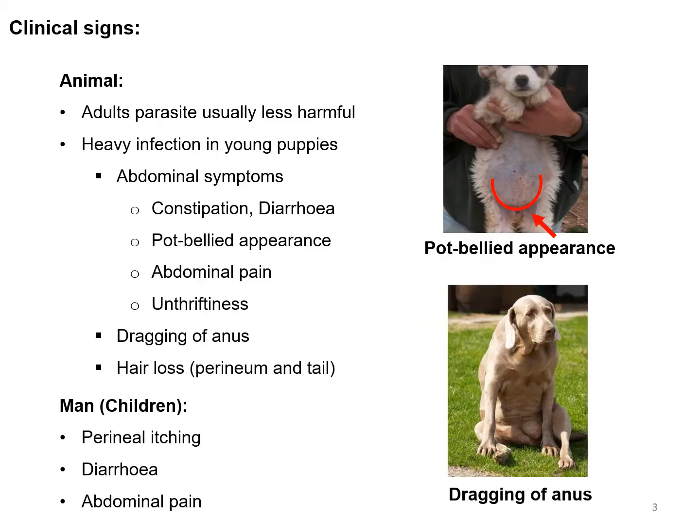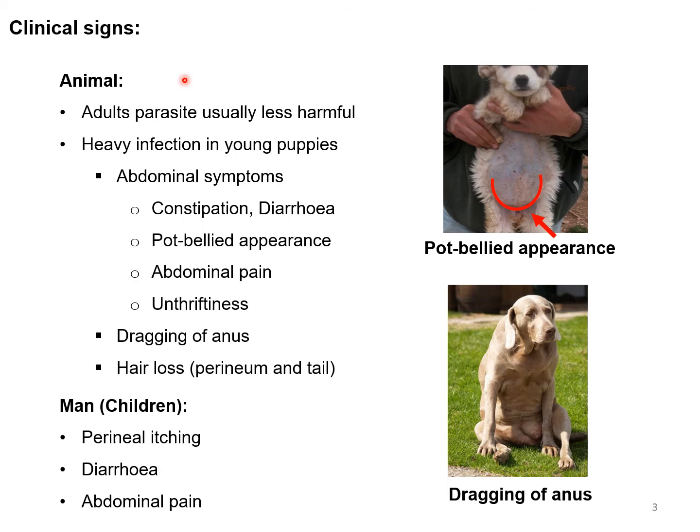So the clinical signs during Dipylidium caninum infection in animals and men. I have already mentioned that the adult parasites are less harmful and they can be tolerated. Maybe hundreds of parasites can be tolerated without producing any clinical sign.